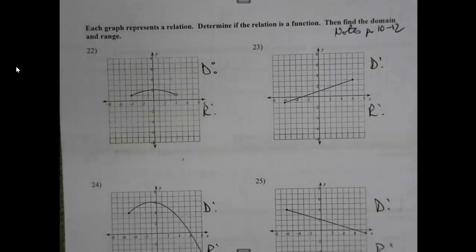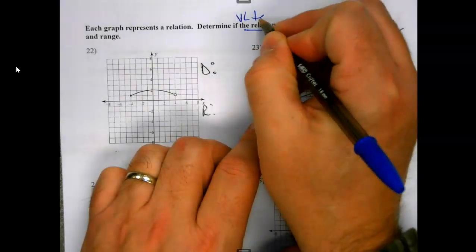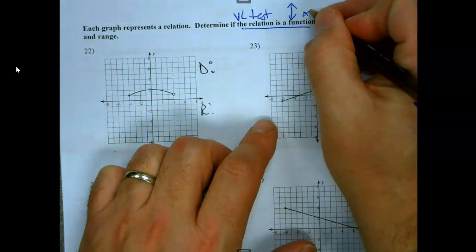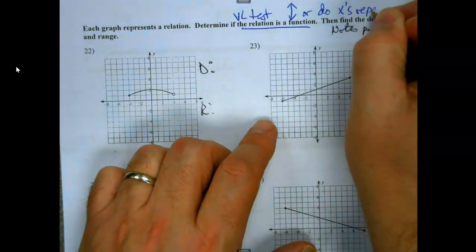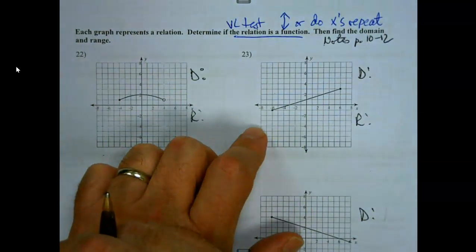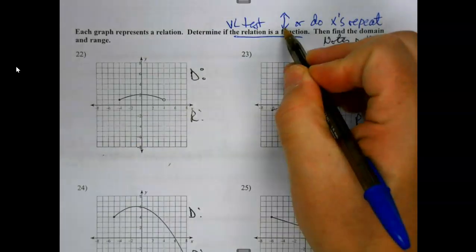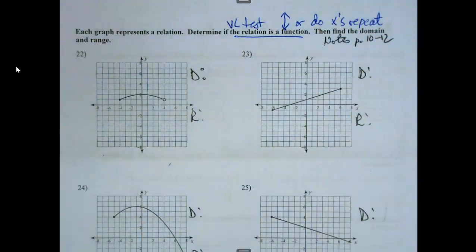Determine if the relation is a function. Here's the two things you're looking for depending on what you're given. If it's a graph, you're doing the vertical line test to see if it goes through your graph more than once. If you're given a bunch of numbers, you're looking to see if the x's repeat.